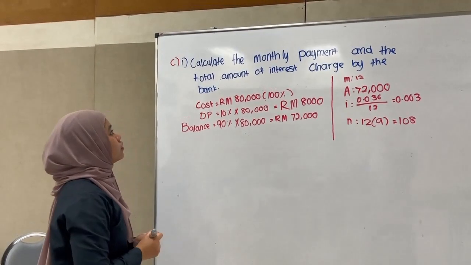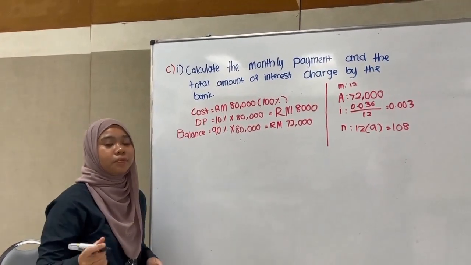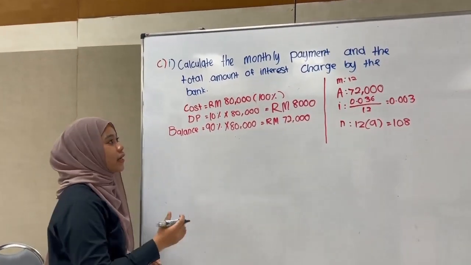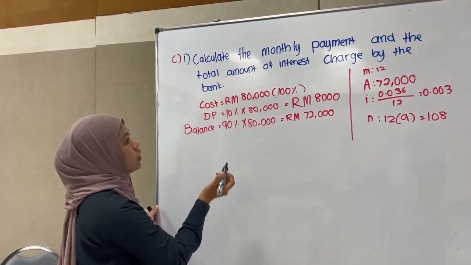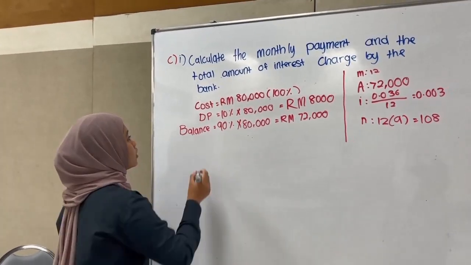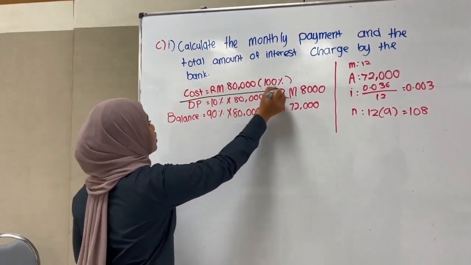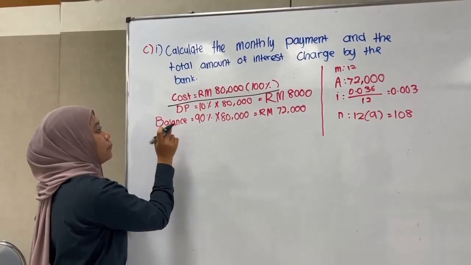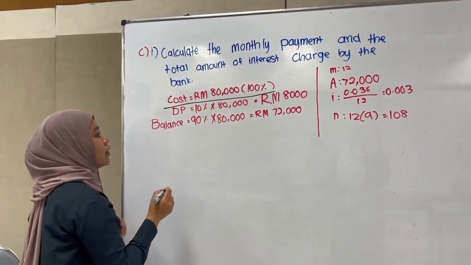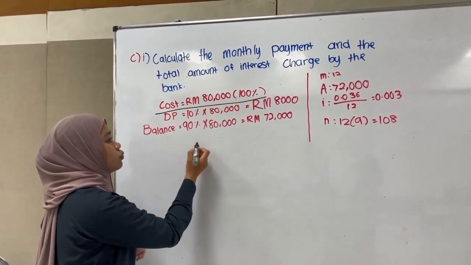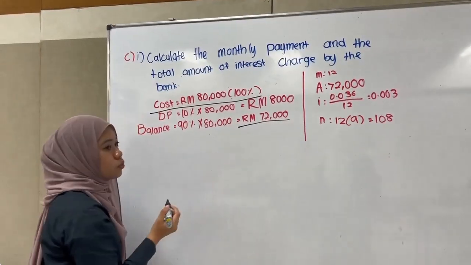So the question asks you to calculate the monthly payment that Nisha needs to pay for her car and the total amount of interest charged by the bank. So the cost of her car is 80,000 ringgit. She has made a down payment of 8,000 ringgit. So the balance that she needs to pay is 72,000 ringgit.